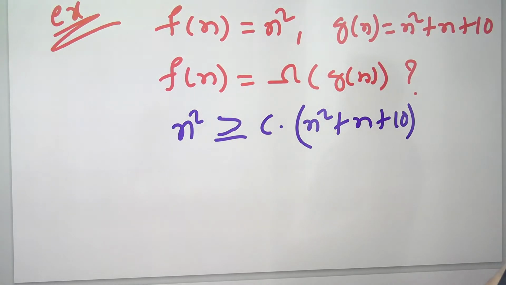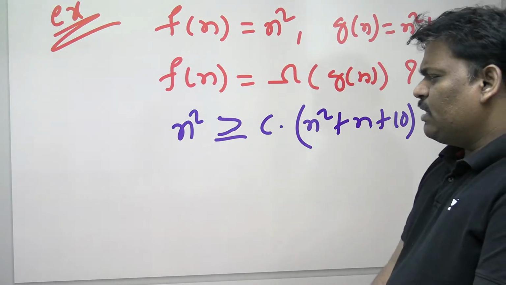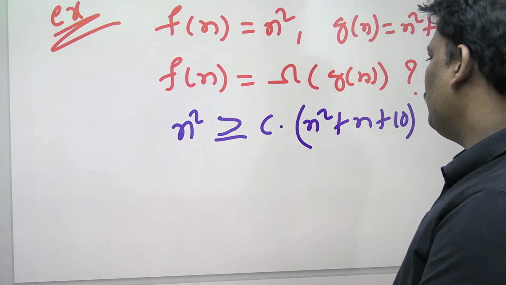Some people are asking, sir, with the help of c you can multiply. But unfortunately that is not possible, because c is on the right side, and I have to multiply on the left side, since I want to make the left bigger. It's very simple, listen everyone.